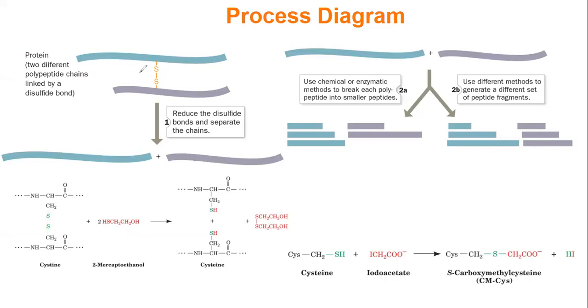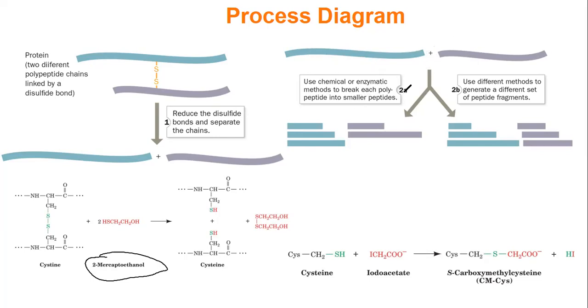So the first step is to break any disulfide bonds in your protein. We already talked about how to do this, 2-mercaptoethanol. So the first thing you want to do if you want to figure out what the amino acid sequence is, you add 2-mercaptoethanol. After that, you break your proteins apart, and you do this multiple times. You do different breaks.